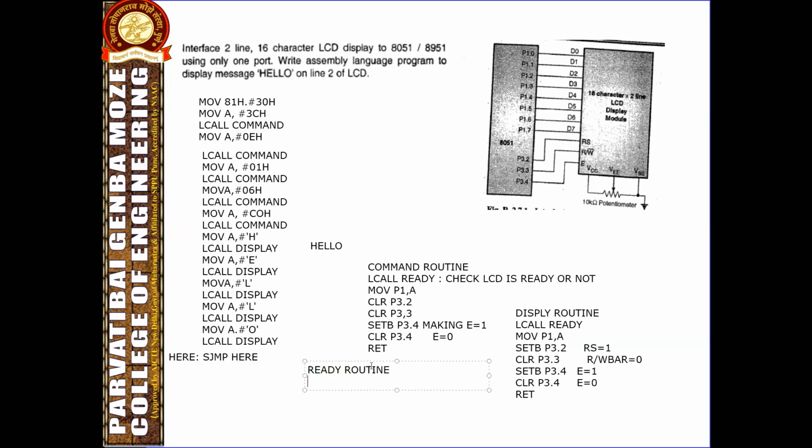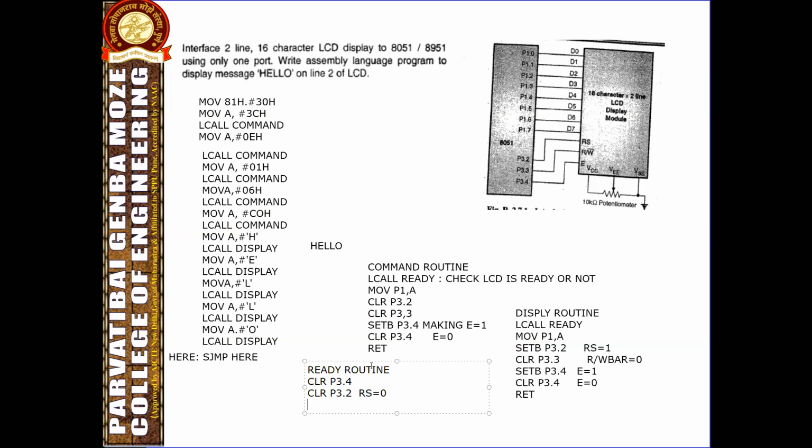So how can we do it? First we have to clear P3.4, then CLR P3.2. First we clear the bit P3.4, that is E. Then we make RS equal to 0.